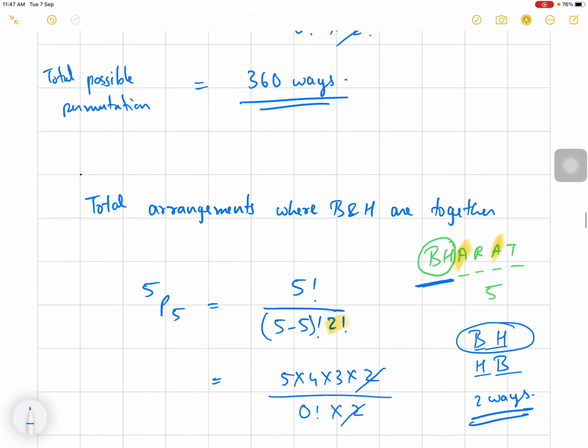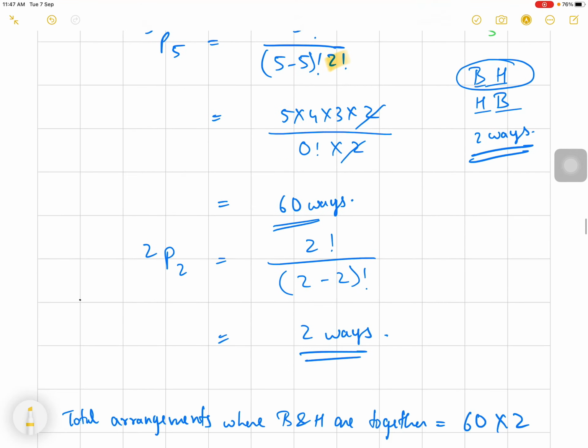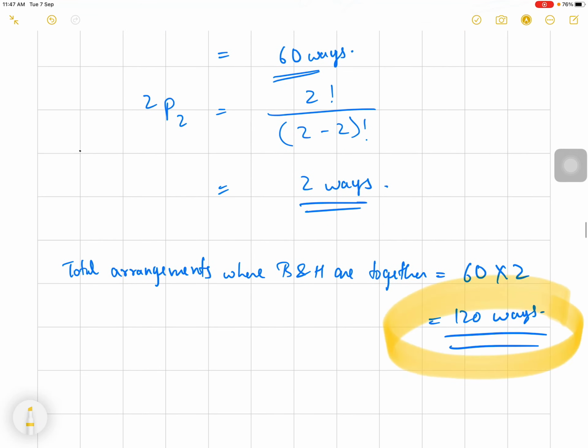Total possible permutation is 360 ways, out of which in 120 ways B and H are together. That means the remaining ways are permutations where B and H are never together.